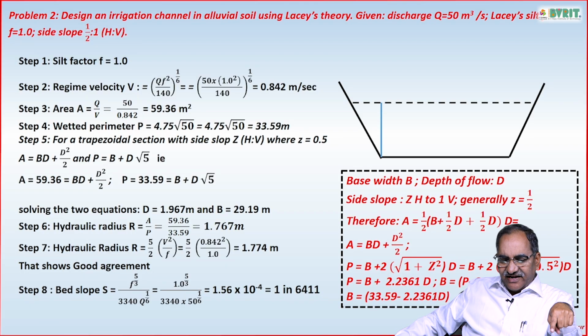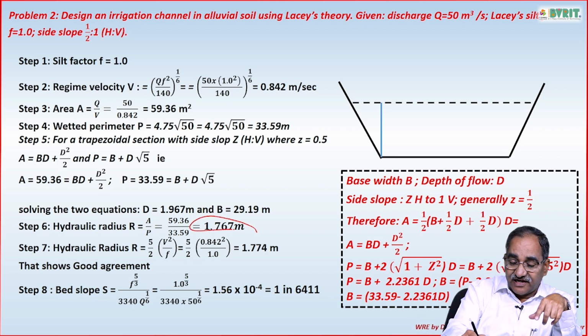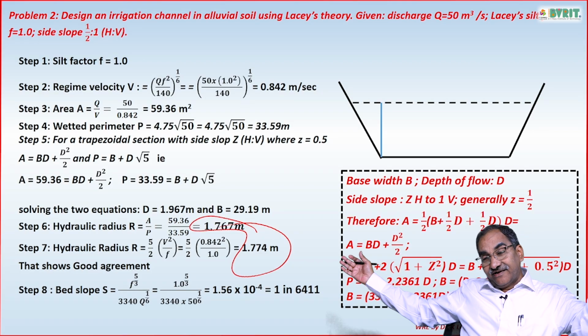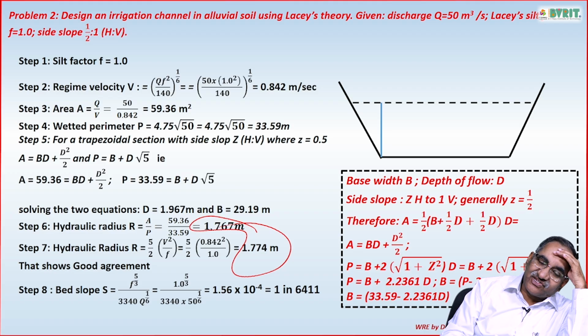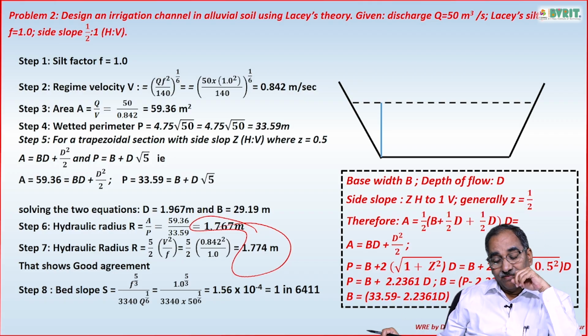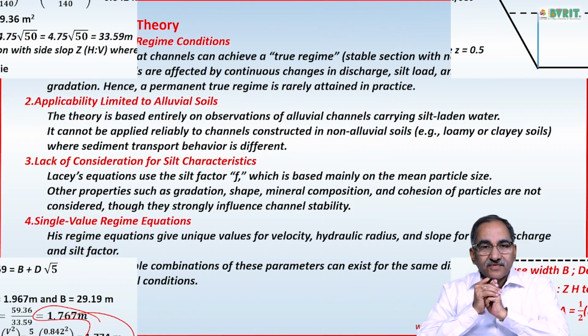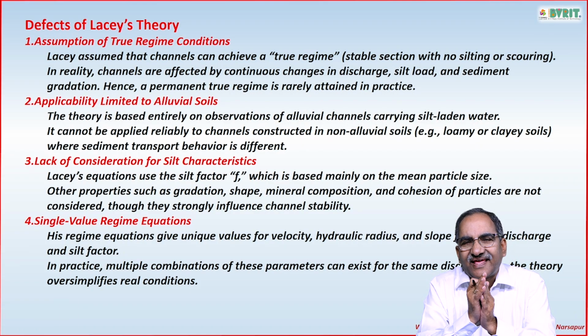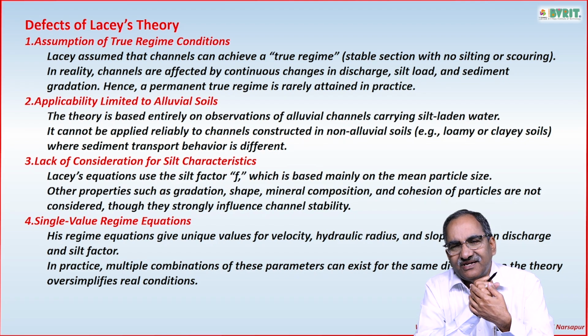Then write that and accordingly calculate B and D. Once they are done, use the two R equations, one is A by P and one is 5 by 2 V square by F. Use both equations and check that the values are nearly the same. If they are completely different, there is something wrong in your calculation of B or D or whatever it is. Some calculation mistakes have happened, so please check it. Then the final thing is the bed slope. So these are 3 problems. Lacey's theory is very straightforward, very easy for you in the exams. Try to work out more problems in Lacey's theory.